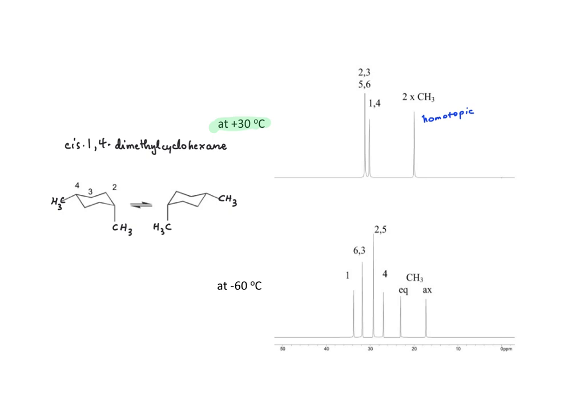But at lower temperature, the rate of conformational interconversion is sufficiently slow so that each methyl group is distinguishable in the NMR spectrum, with the axial methyl group shielded relative to the equatorial methyl group.